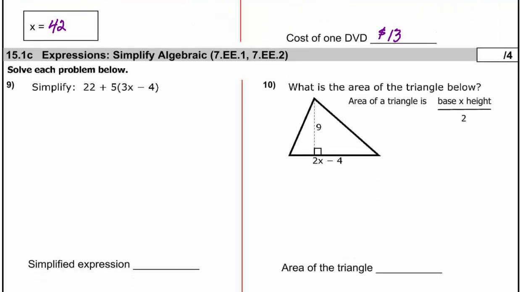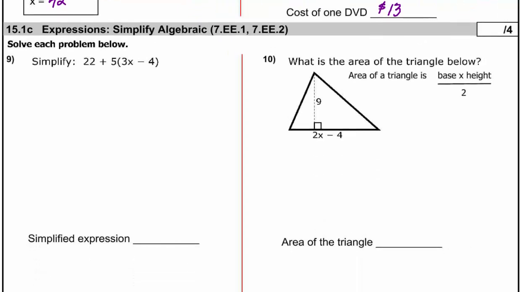All right. We're coming to the end of the test. Big test, long test. All right, this is a rainbow problem. We're multiplying these together. I'm going to make my first step just a quick rewrite step. 22 plus 5 times 3x plus negative 4.